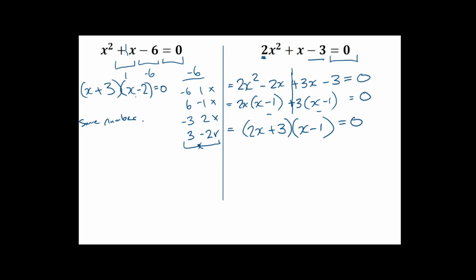If we have two things multiplied together, because when we put them in brackets it means everything in that bracket times everything in that bracket equals 0. So we have two things and we multiply them together and the product is 0. There are only three ways that can be true. Either this equals 0, or this one equals 0, or both of them equal 0.